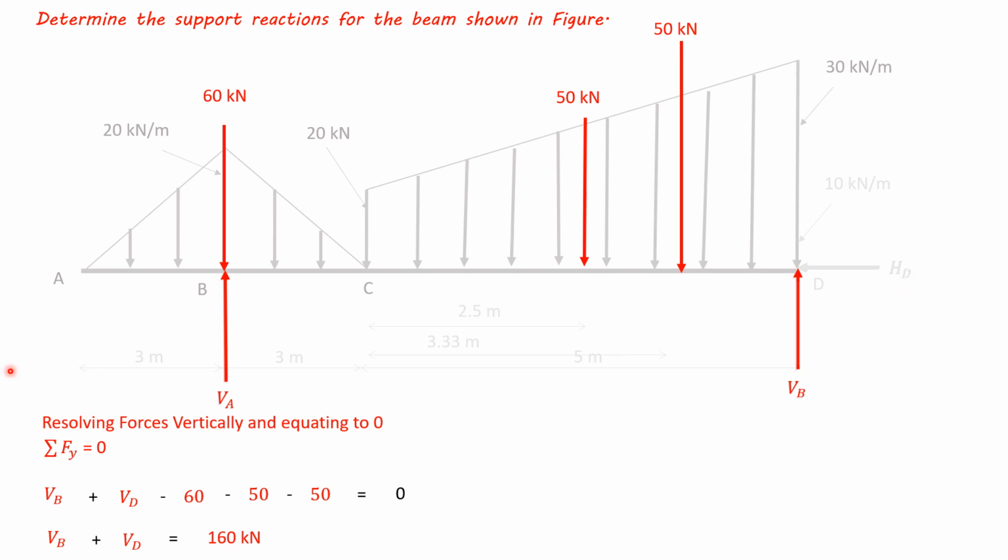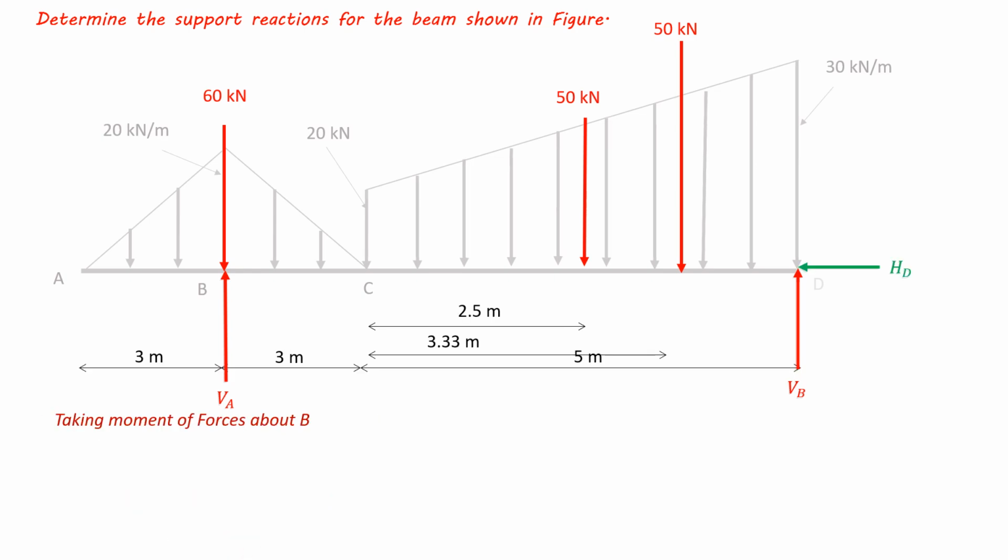Now resolving forces vertically and equating to 0, that is summation Fy equal to 0, VB plus VD minus 60 minus 50 minus 50. So VB plus VD equal to 160 kilonewtons.